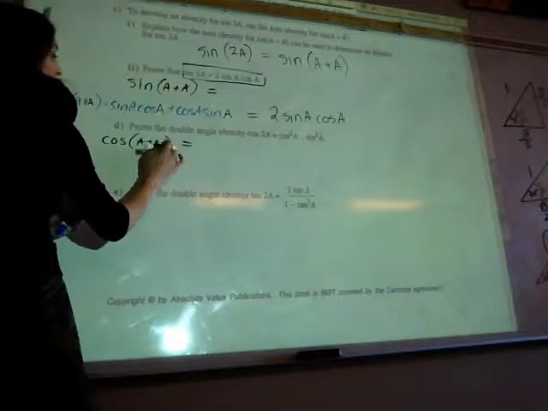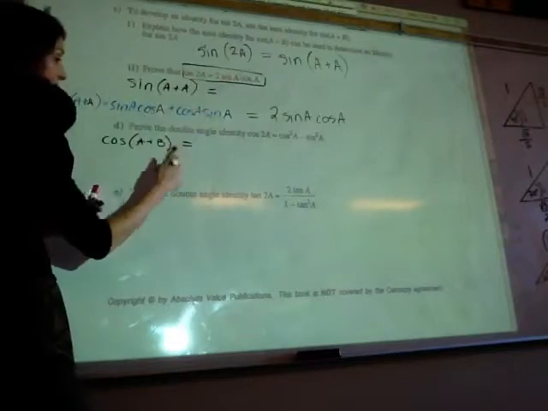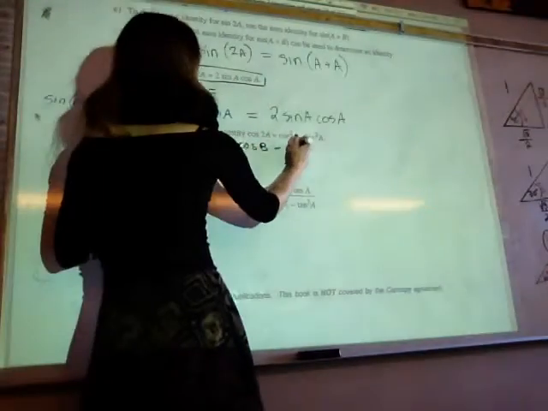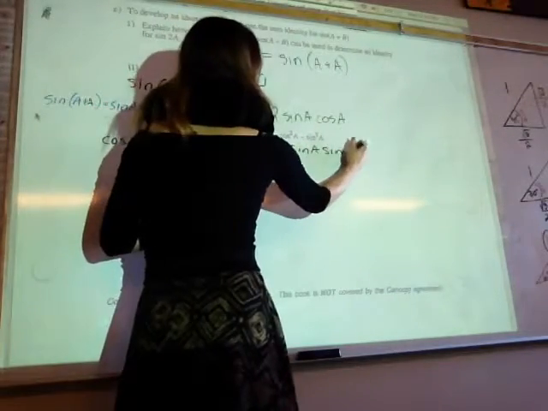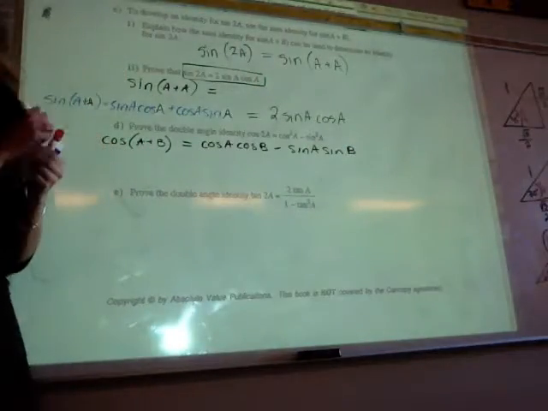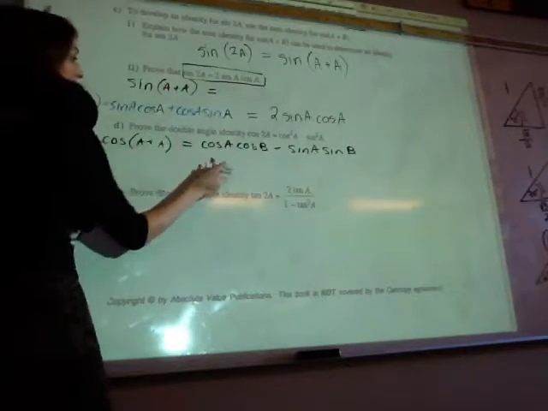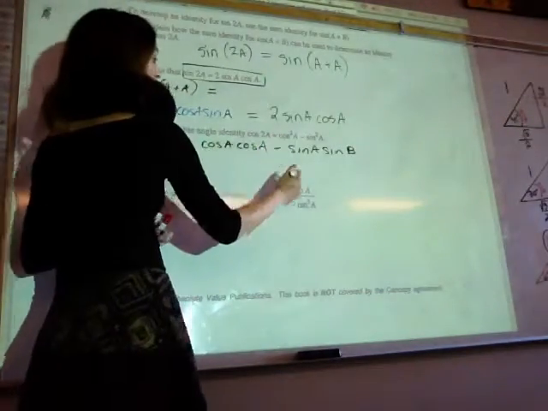Well, if I were to write it as b, like we see on the right hand side, we'd have cosine a, cosine b, minus sine a, sine b. But what are b's this time? They're a. Okay, we have a plus a. So all these b's just need to change to a's.